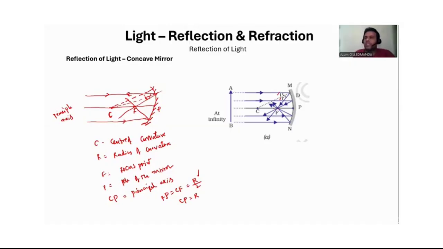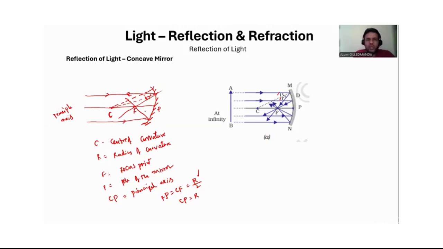So if an object is at infinite distance, the image can be formed as a dot at the focus in a concave mirror. All the parallel beam goes and converges at this point, that is F.